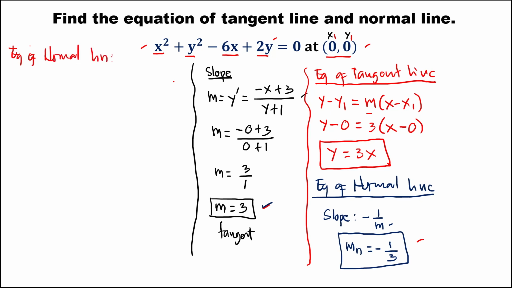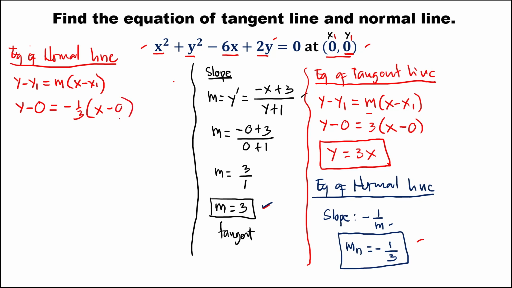Again, using y minus y sub 1 equals m times x minus x sub 1, we have y minus 0 equals negative 1 over 3 times x minus 0.